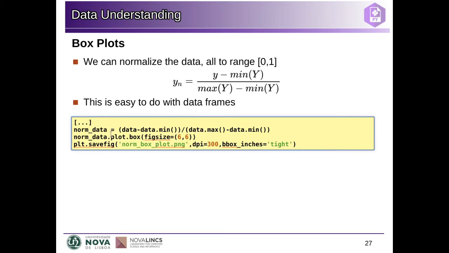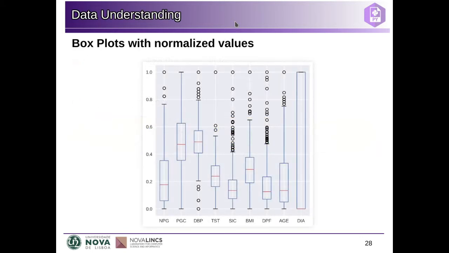So now we do the box plot with the normalized data, and this is what we have. In this case, you see all the data, the series, are in a range between 0 and 1. So you always have here 0 as the minimum and 1 as the maximum. But now we can see how they are distributed differently. For example, diabetes is only 0 or 1, so all of them fall inside the box here.